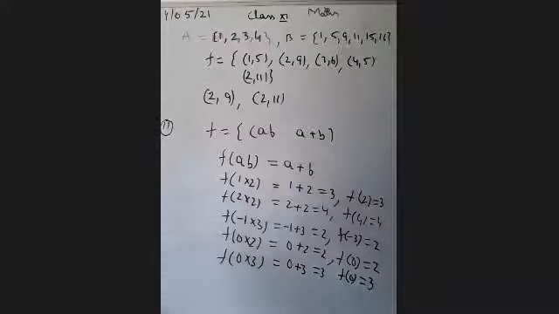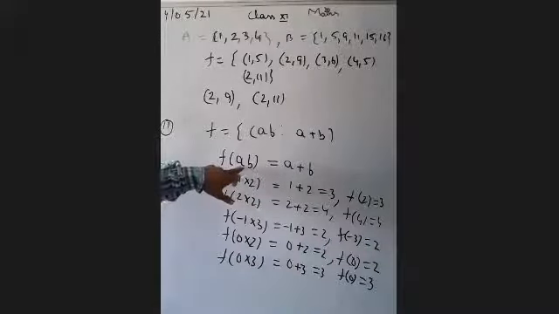So you are observing that the condition of a function is followed many times, in infinitely many cases. But if we take 0 in place of a or b, we get different results.